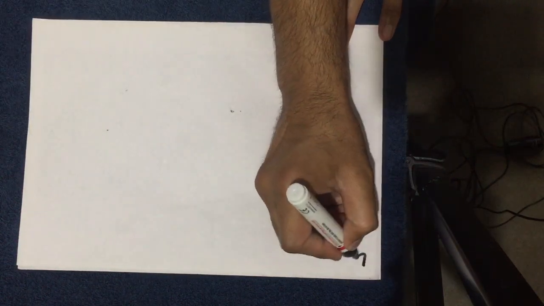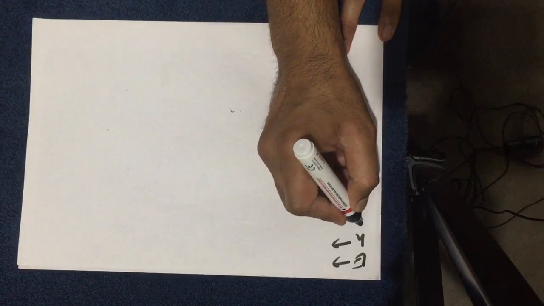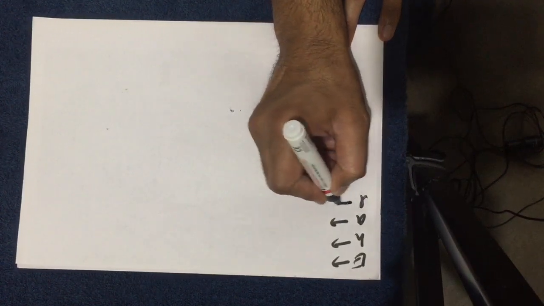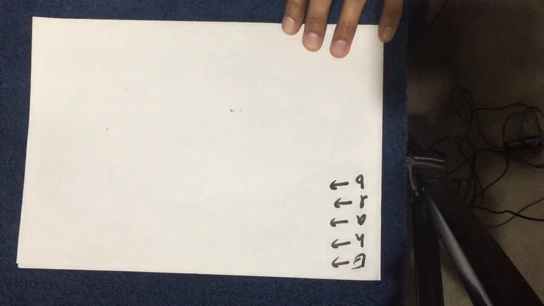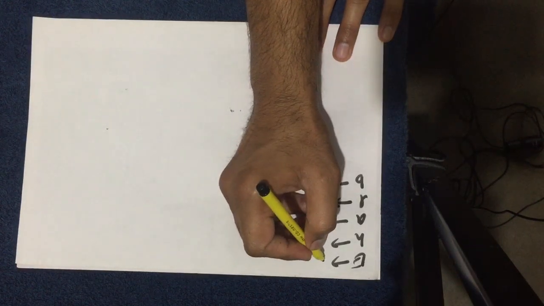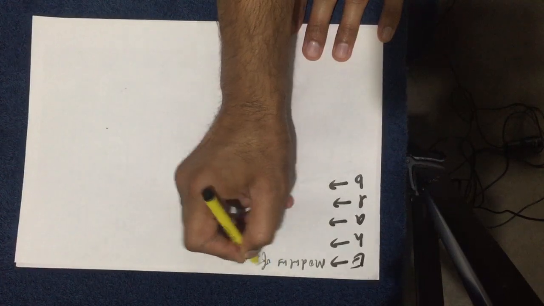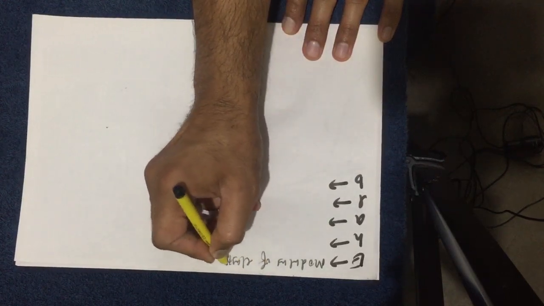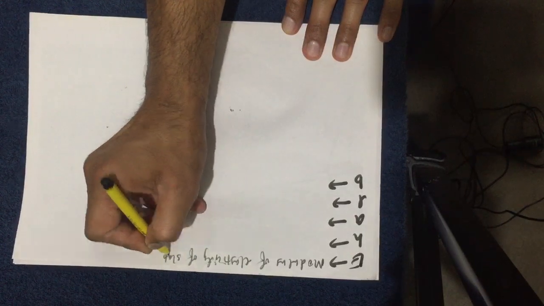So the terminologies are E, H, A, L and B. Others are constants. E is the modulus of elasticity of the concrete slab.